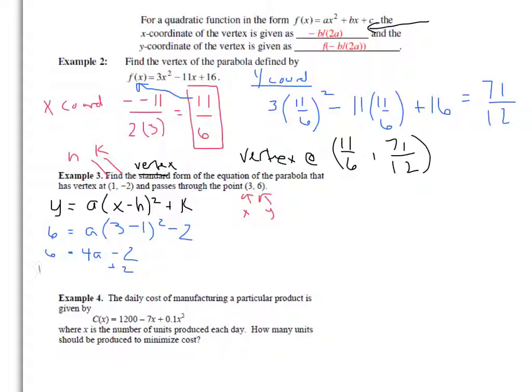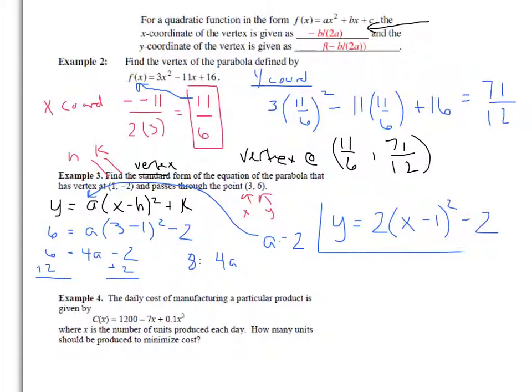Add 2 to both sides, and we get 8 equals 4a, and we get a equals 2. So the equation that's going to make it happen, now plugging that back in for a, is y equals 2 times (x minus 1) squared minus 2. And there's our equation. So all we're basically doing is just solving for a.